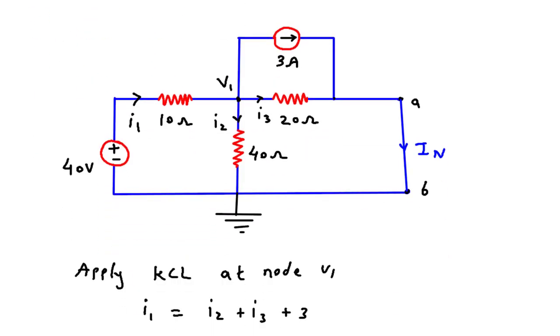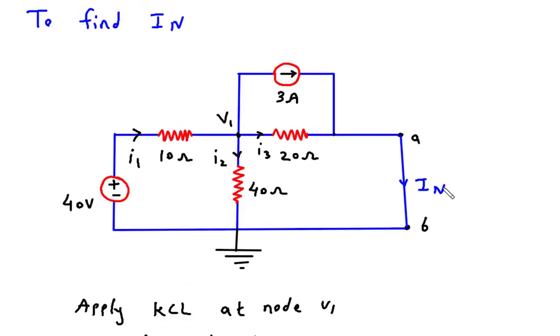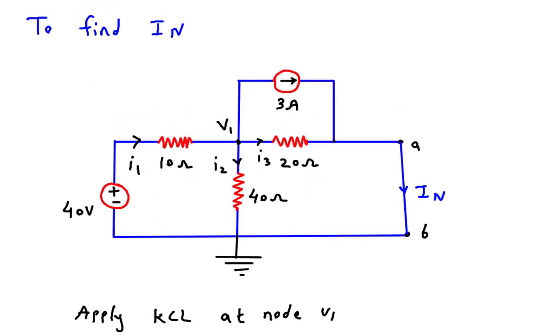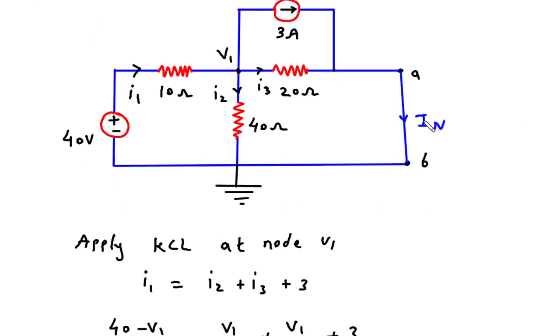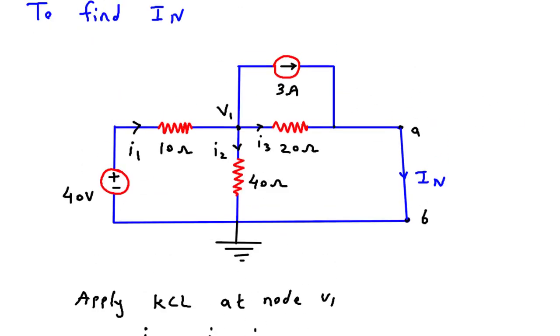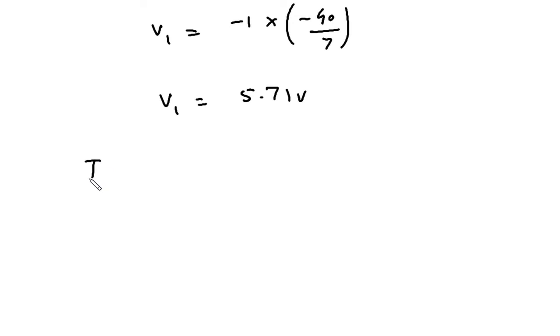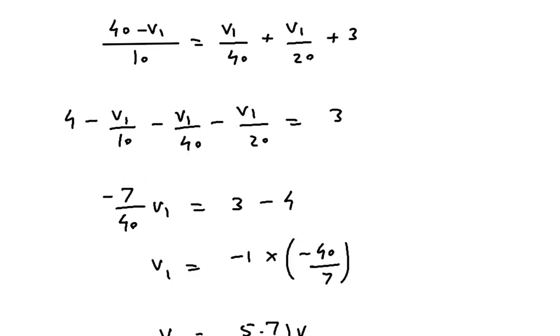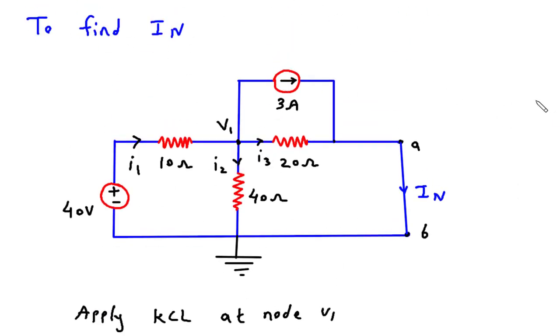We have to find current In. For that we need current I3. So In is equal to I3 plus 3.